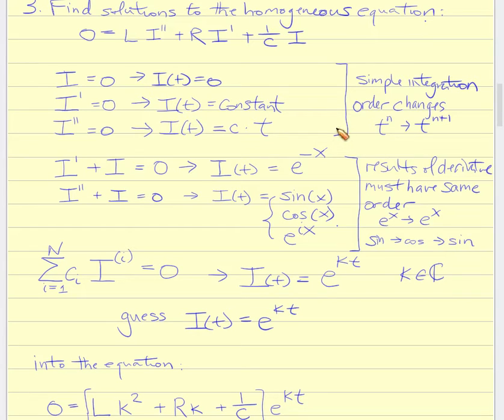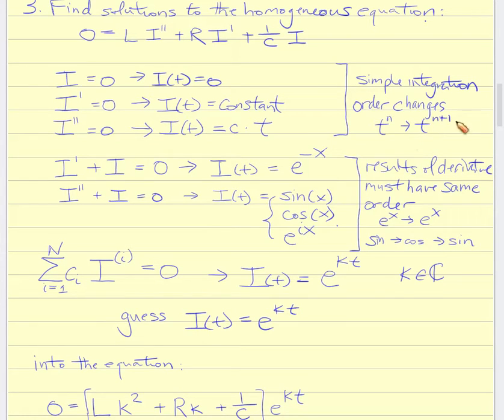Well, what's the point of this? The idea that I'm trying to get at is when you just do simple integration of polynomials like that, each time you have a different order derivative, you're going to get a different order result coming out of it. And when I say order, I mean like t to the n. So if it's a polynomial, you have t to the n, and you take its antiderivative, it becomes t to the n plus 1.